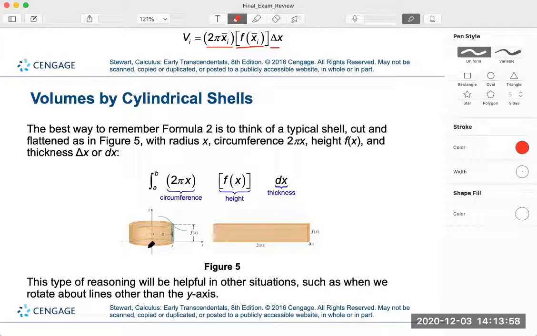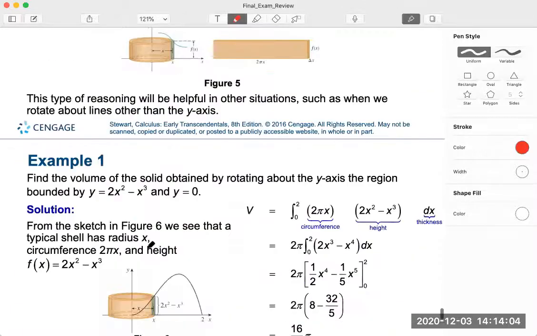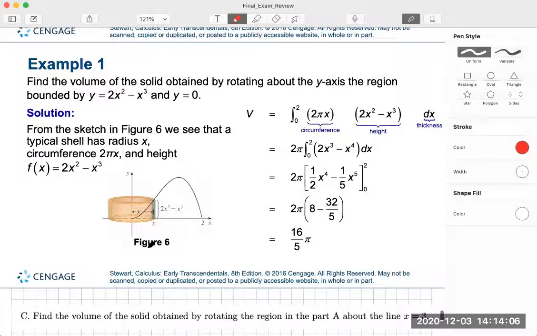Okay, very good. Now let us continue the questions. This is an example. If x runs from 0 to 2, then at each point in the interval from 0 to 2, we rotate that line, right?